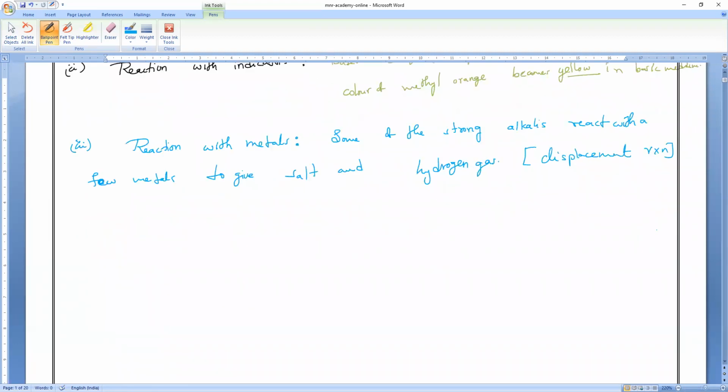If you take a strong alkali, what is the first alkali we can remember? Sodium hydroxide.